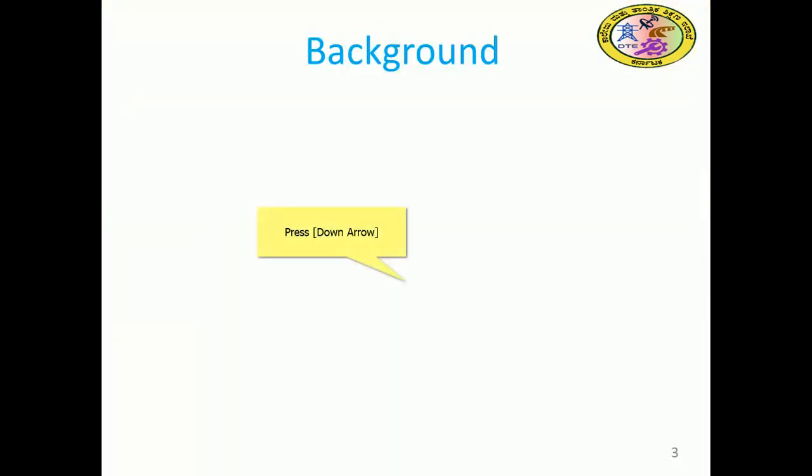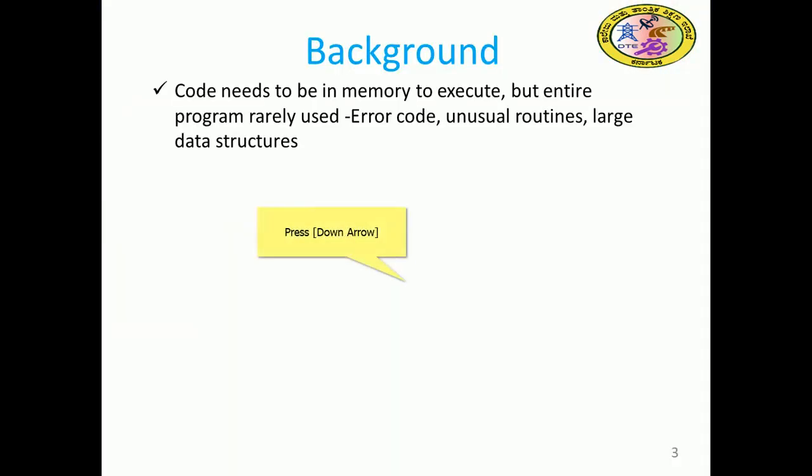Let me explain in detail the background, or need, of this virtual memory concept. Code needs to be in memory to execute. This is 100% true, right? But which code? The entire program or part of the program?